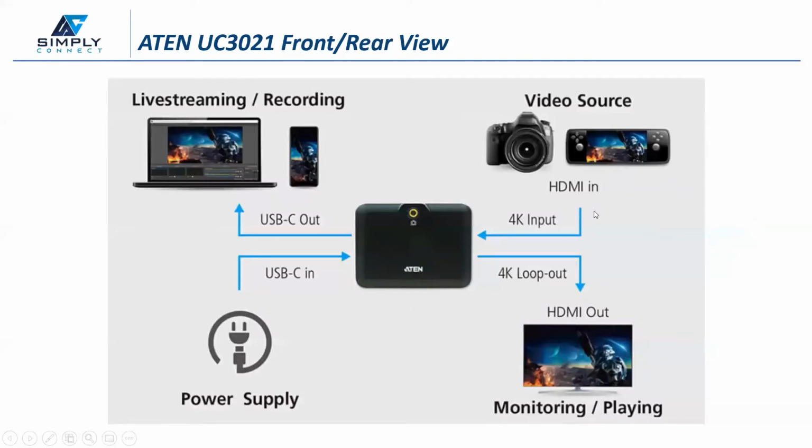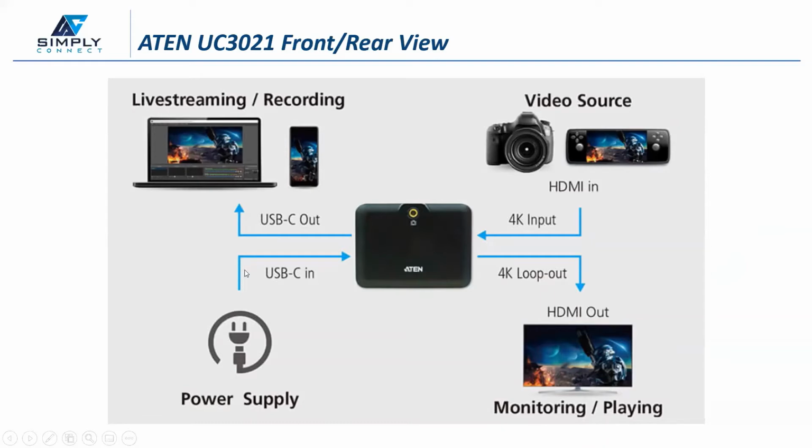The connection diagram here shows the UC3021. You can have a video source go in, and then you can have a loop out. The loop out is to see what content is being shared. At the same time, if you're using a newer laptop or MacBook, there's a USB-C for charging.